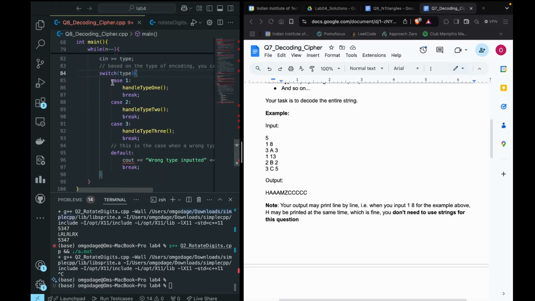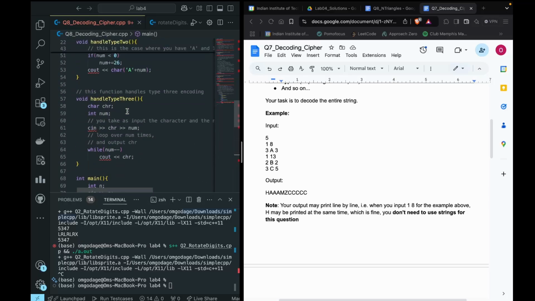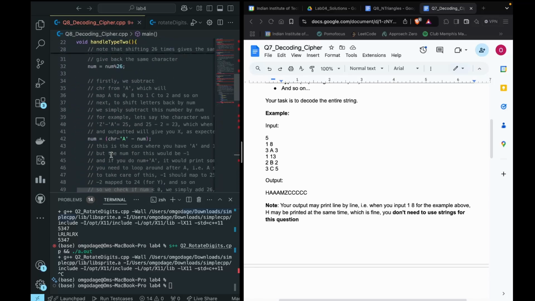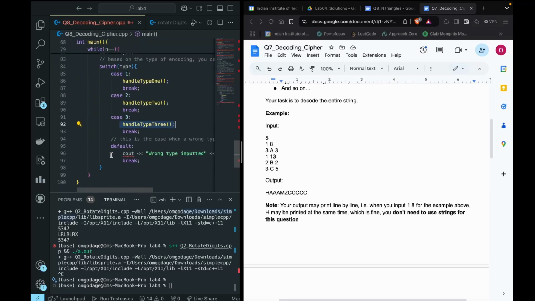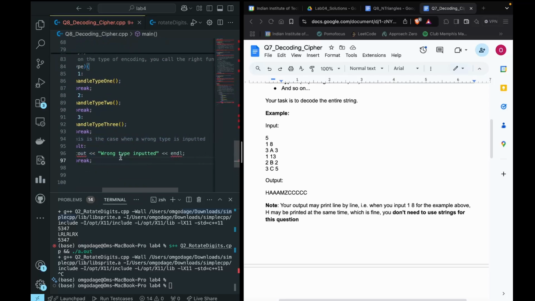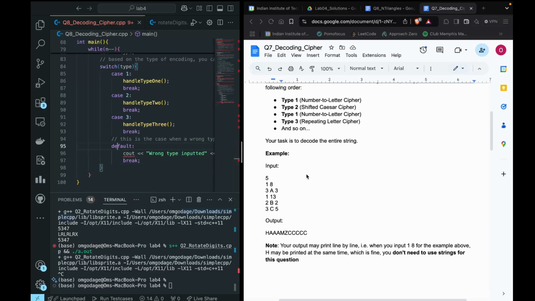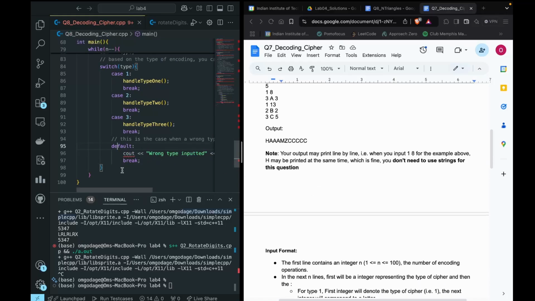If it is case 1, then you call the handle type 1 function, otherwise you call the handle type 2 function, otherwise you call the handle type 3 function, and then these functions will handle themselves accordingly. And if you enter something wrong, then this will be printed out, which will never happen for the test cases that are provided on both the trees, so you can relax about this.